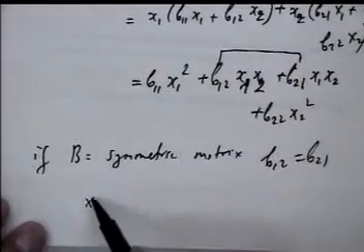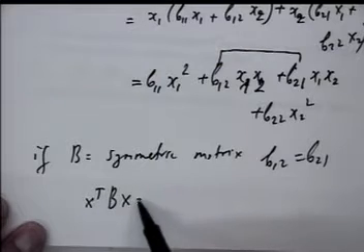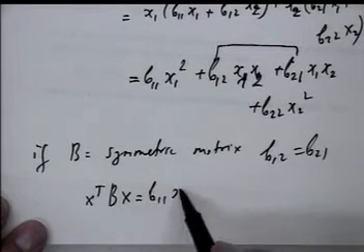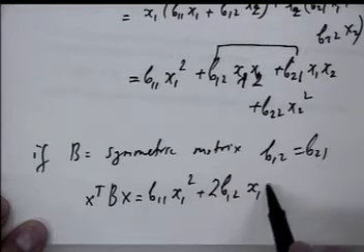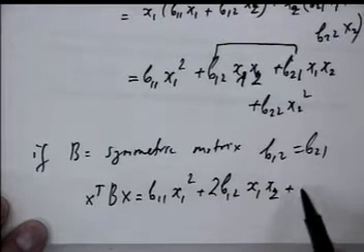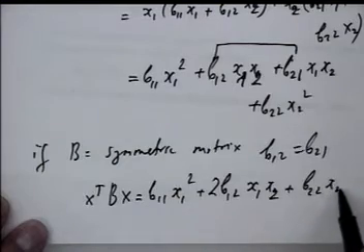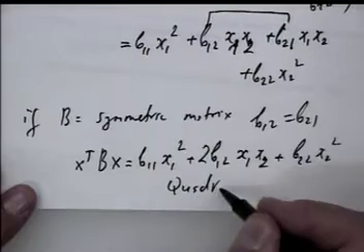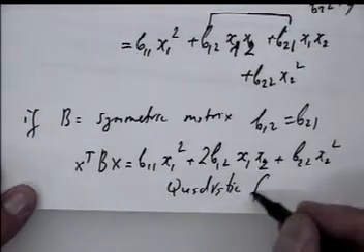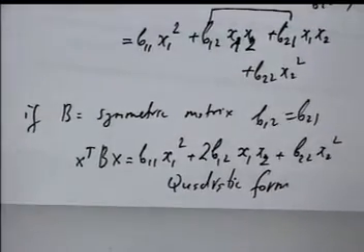So x transpose Bx equals b11 x1 squared plus 2 times b12 x1 x2 plus b22 x2 squared. So that is a quadratic form, in case that we have a 2 by 2 matrix. But in our general case, we have an n by n matrix.